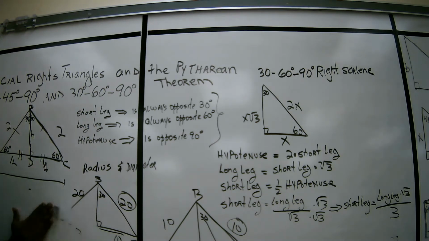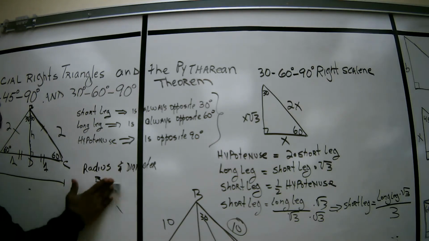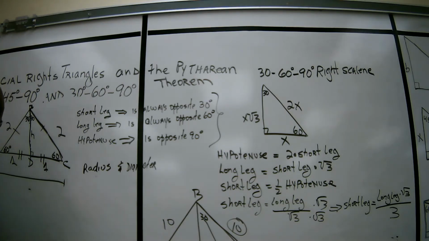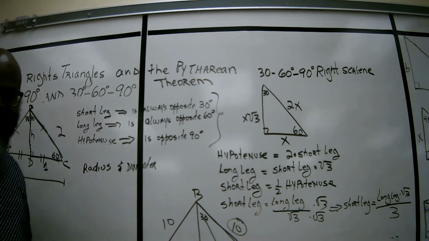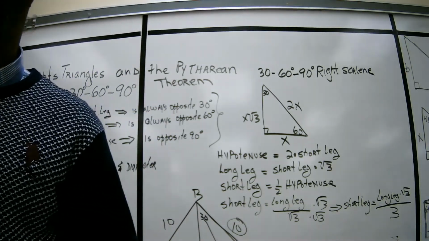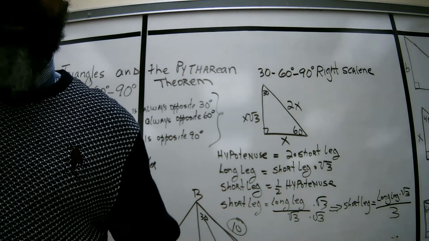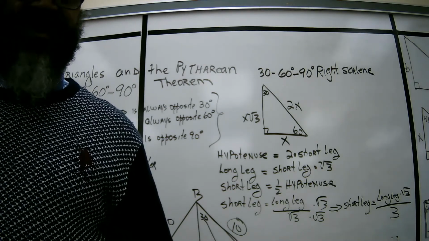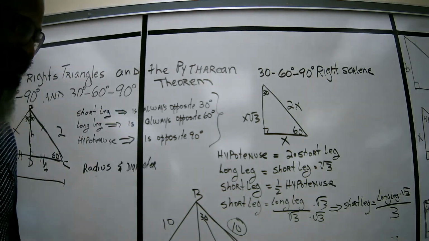And then we will use the Pythagorean theorem to find the long leg. We will see that the long leg has a special relationship with the short leg, vice versa. So the first rule: in a 30, 60, 90 triangle, the hypotenuse is 2 times as much as the short leg, or the short leg is half of the hypotenuse. So we have established that.